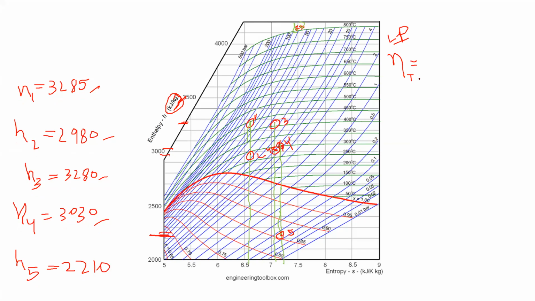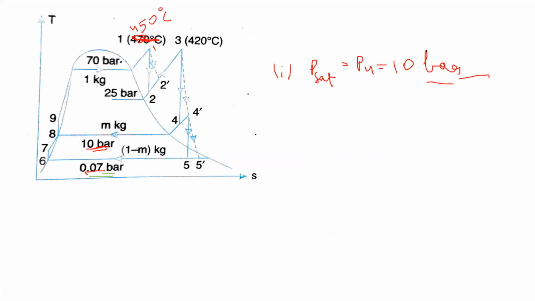That is equal to actual work done by the turbine by isentropic work done by the turbine. If you look into this diagram, the actual work done is done during the process of 4 dash to 5 dash. Then the theoretical one is taken from 4 dash to 5.